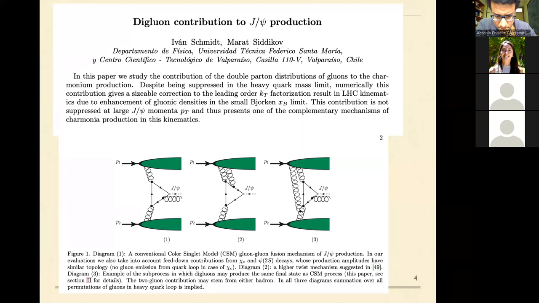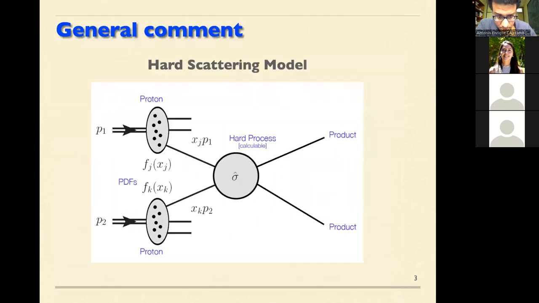So I'm going to talk about QCD at the amplitude level. What I've presented here is QCD not at the amplitude level. We consider these blobs here, and this is not a Feynman diagram. Only the hard process is calculated as a Feynman diagram, but the rest is not.